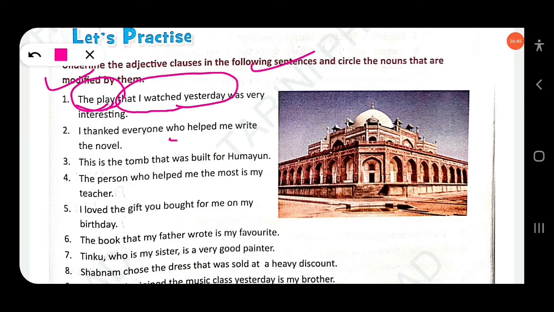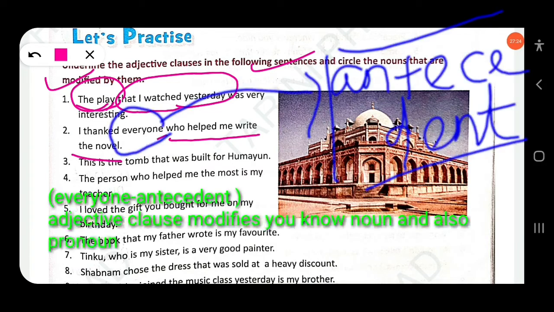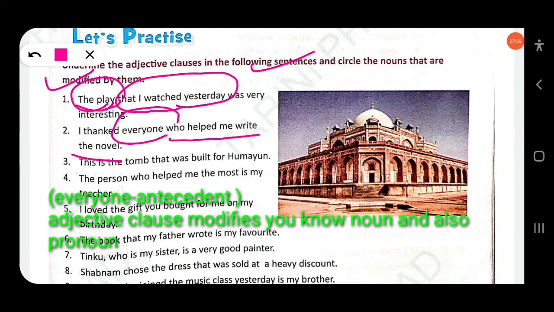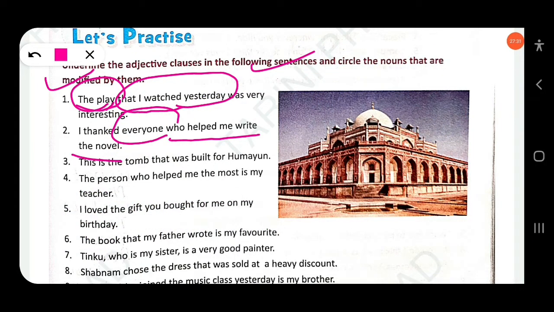Here the adjective clause is who helped me write the novel, and everyone is a pronoun, not a noun. Then next, this is the tomb that was built for human. Here that was built for human is the adjective clause, and you have to circle the noun modified, the tomb.